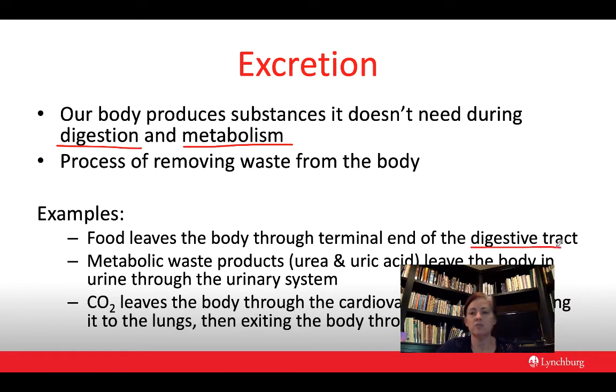The digestive tract is a pretty good means of getting rid of non-digestible food products that our body doesn't need to hold on to. We have metabolic waste products like urea and uric acid that our body is able to excrete through the urinary system. And then carbon dioxide is actually a metabolic waste product, and our body is able to breathe out excess carbon dioxide through the lungs every time we exhale.